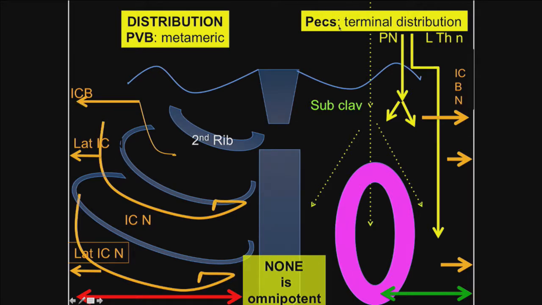While with the PECs blocks, you will have the pectoral nerve, you will have the long thoracic nerve here, and the lateral intercostal branches there. And should you inject a small amount of local anesthetic in this area here, you will also have the subclavian nerve.